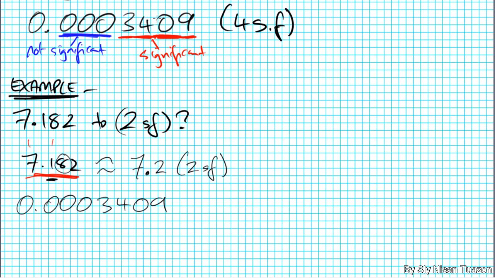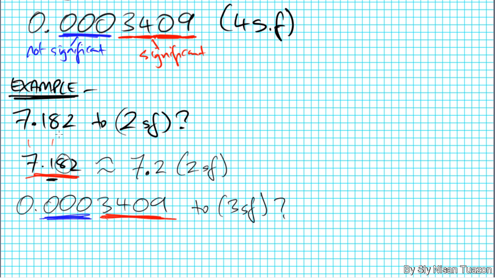Well, based on our rule before, we've already said that these are not significant. They're leading zeros. These are all significant, but I want 3 significant figures, so I should have written what the actual question is: to 3SF.